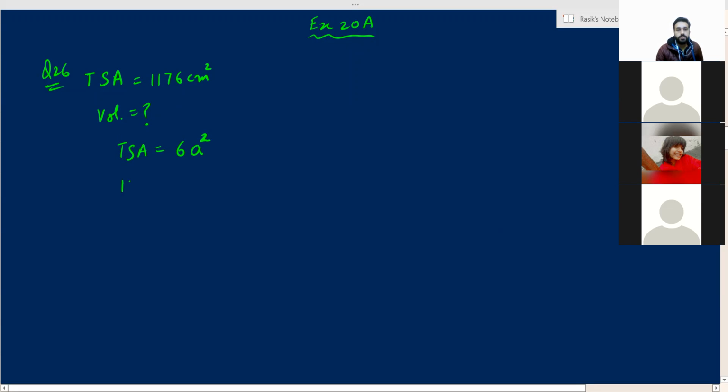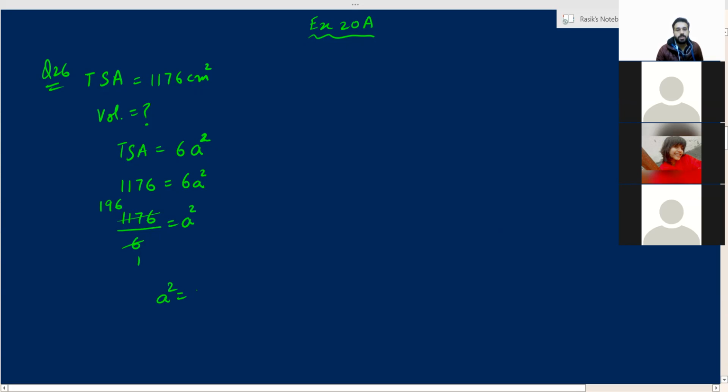We know the total surface area, it is 1176 equals 6a square. So 1176 upon 6 is equal to a square. That means you get 196.